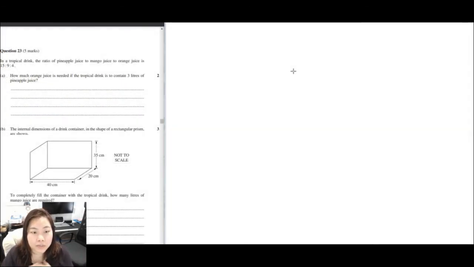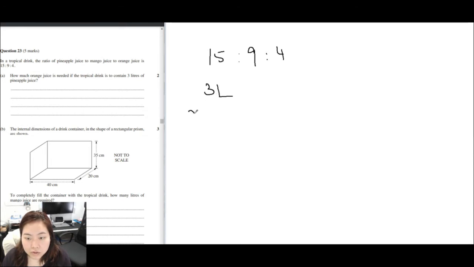In a tropical drink, the ratio of pineapple juice, mango juice, and orange juice is 15 to 9 to 4. How much orange juice is needed in the tropical drink if the tropical drink is to contain 3 liters of pineapple juice? I'm going to convert it to milliliters because I want to work with a larger number.